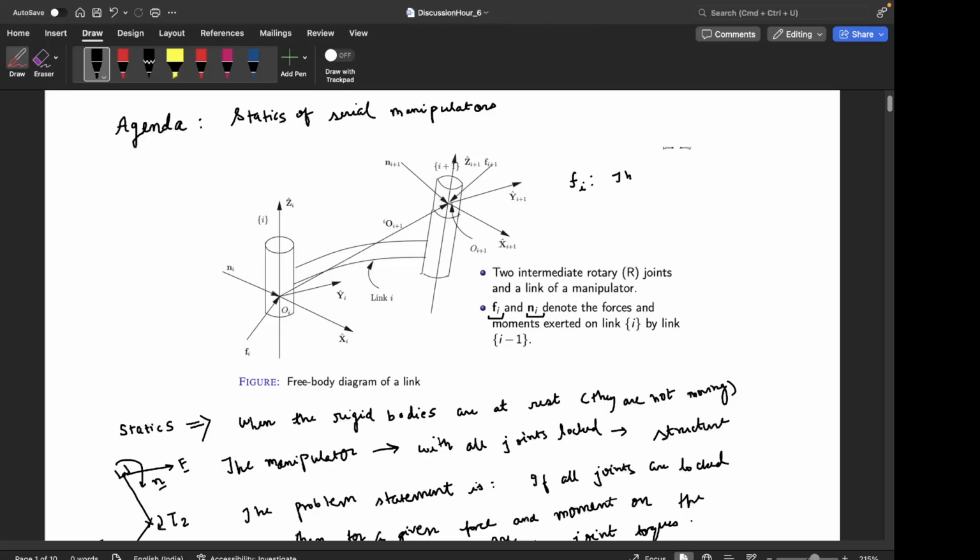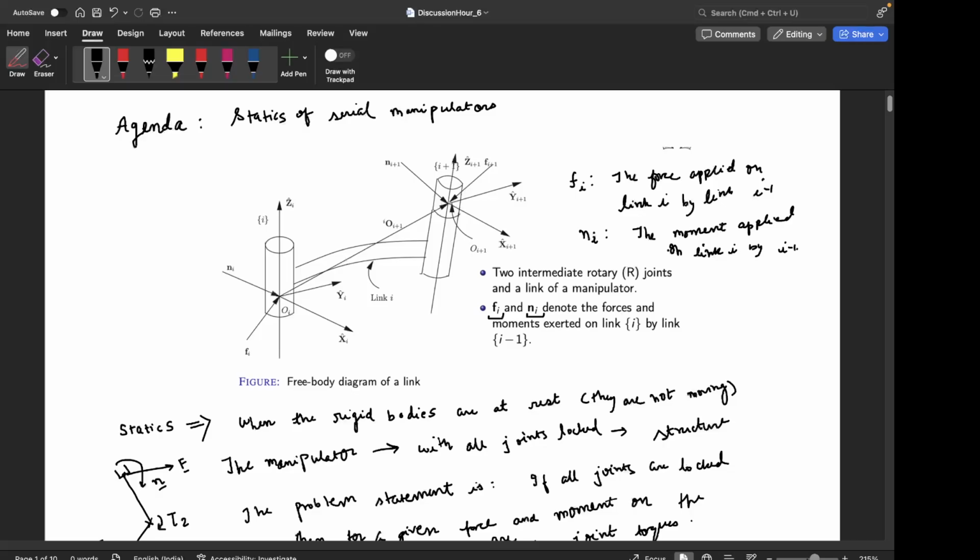Fi is the force applied on link i by link i minus 1, and similarly Ni is the moment applied on link i by link i minus 1.